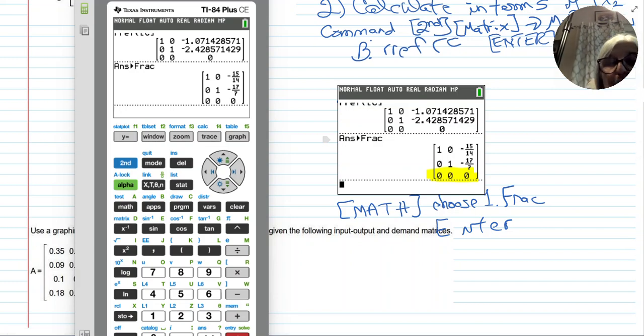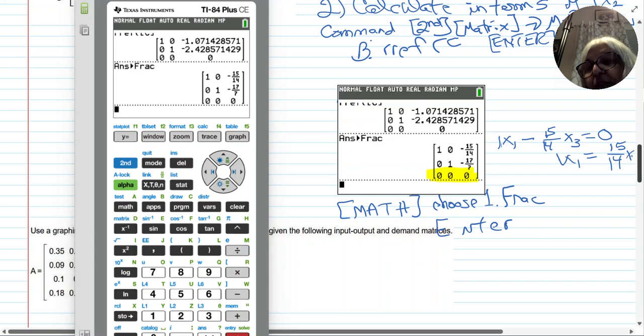So our solutions tend to be what they are. So remember, I have in the first line, 1 x of 1 minus 15/14 x of 3 equals 0. So I'm going to push over the thing. 1 x of 1 equals a positive 15/14 x of 3.